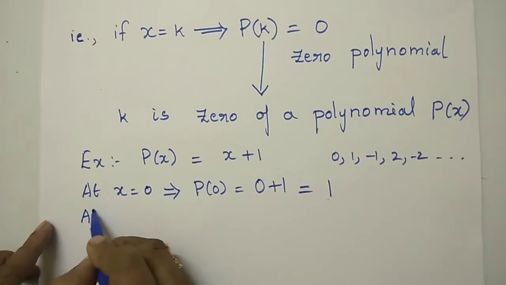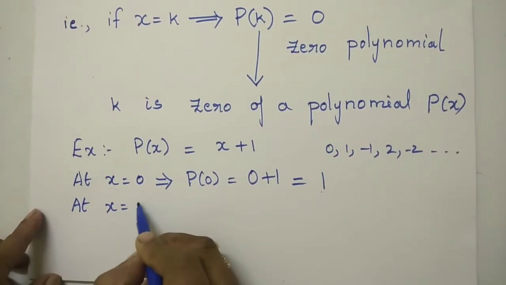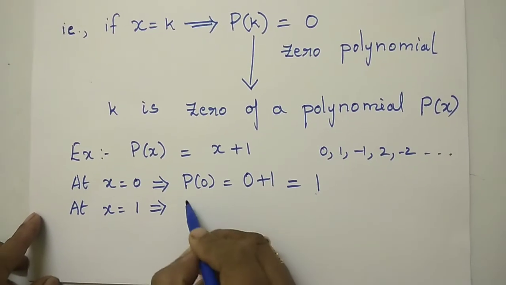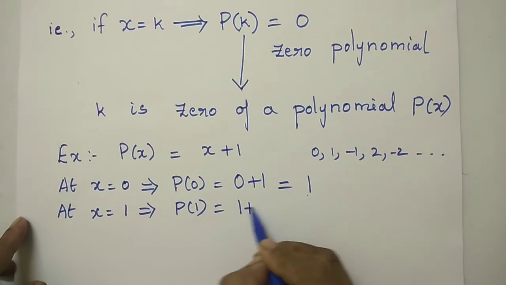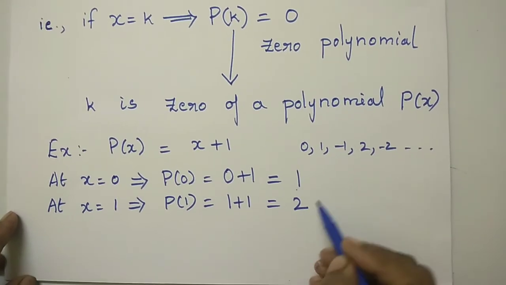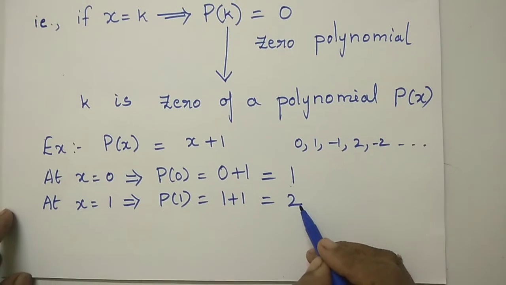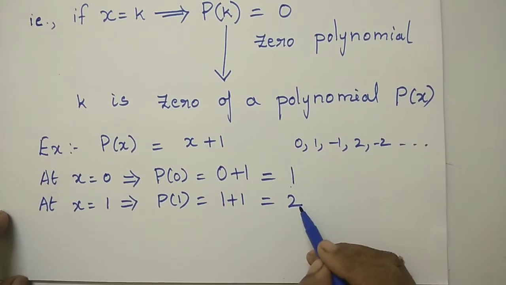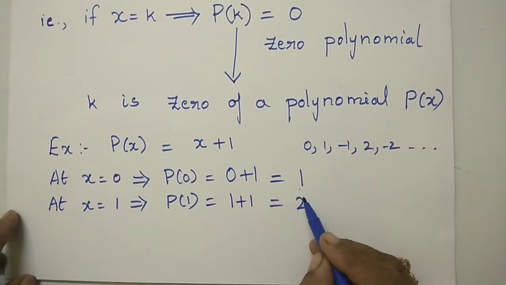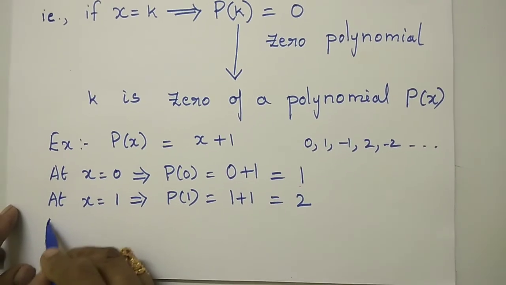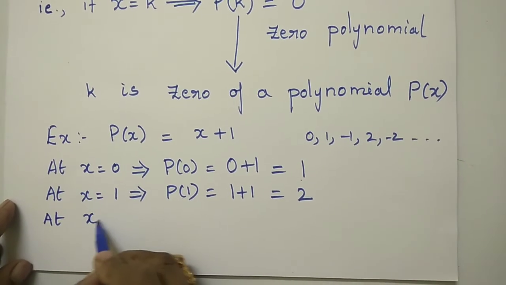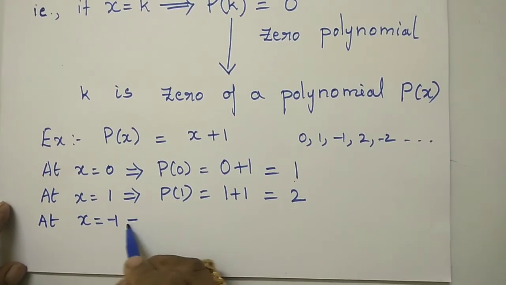Let us calculate at x equal to 1. Then p of 1 equals 1 plus 1 equals 2. This is also a value of the polynomial but not a zero of the polynomial. Now let us calculate at x equal to minus 1.